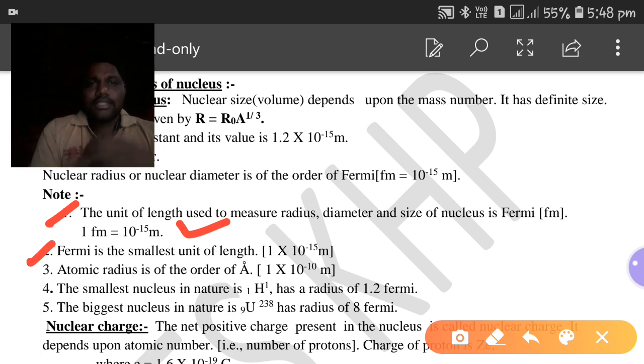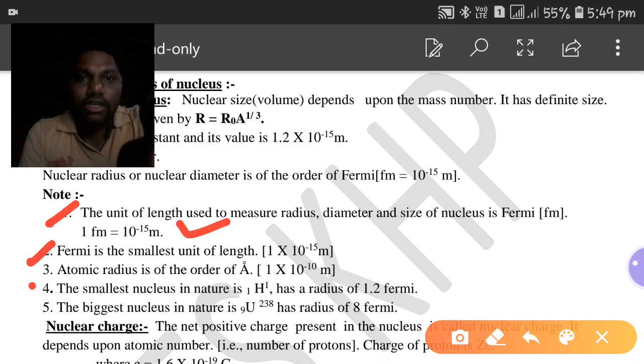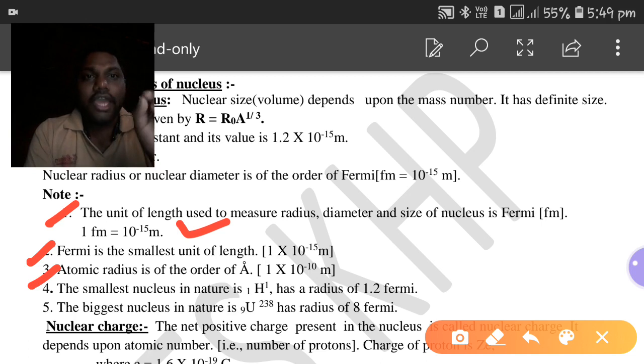And this nuclear radius, or the diameter of the nucleus, is of the order of Fermi. But atomic radius, or the diameter of the atom, is always of the order of angstrom. That is given in the third note: atomic radius is of the order of angstrom, and 1 angstrom is equal to 10 to the power minus 10 meter.